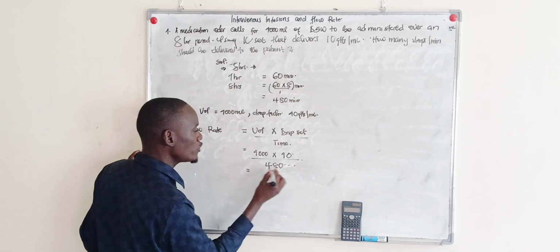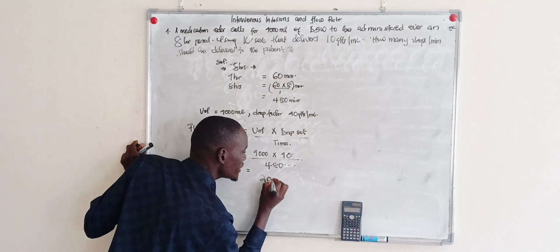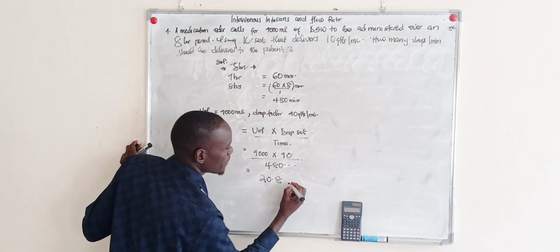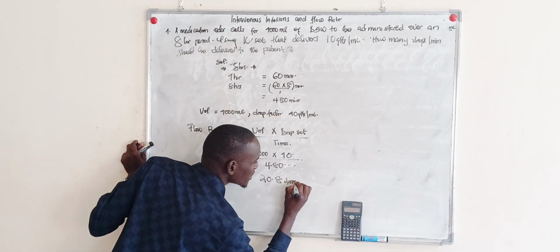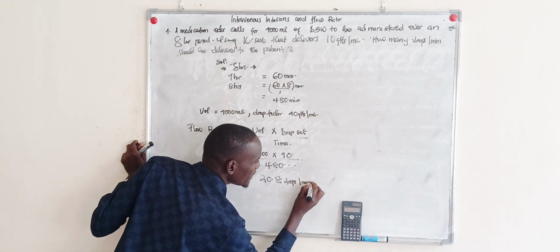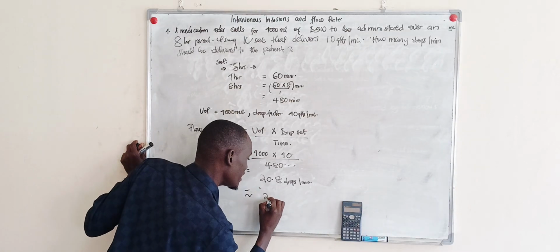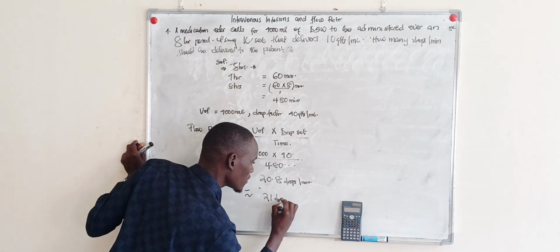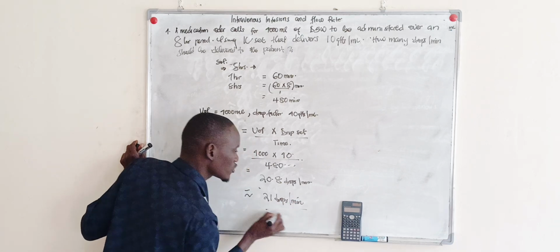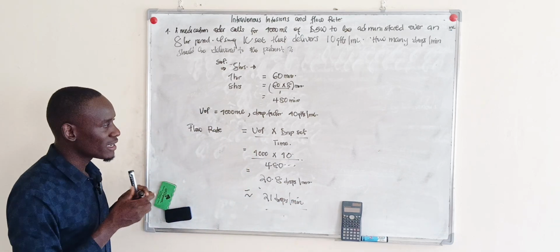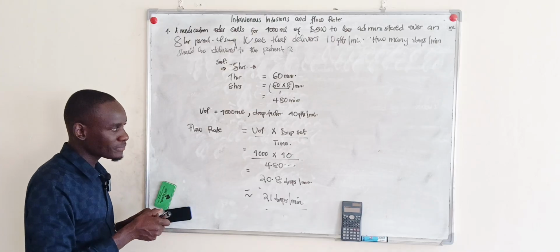So when we compute this, we are going to get 20.8 drops per minute, which is approximately 21 drops per minute. So that becomes our answer.